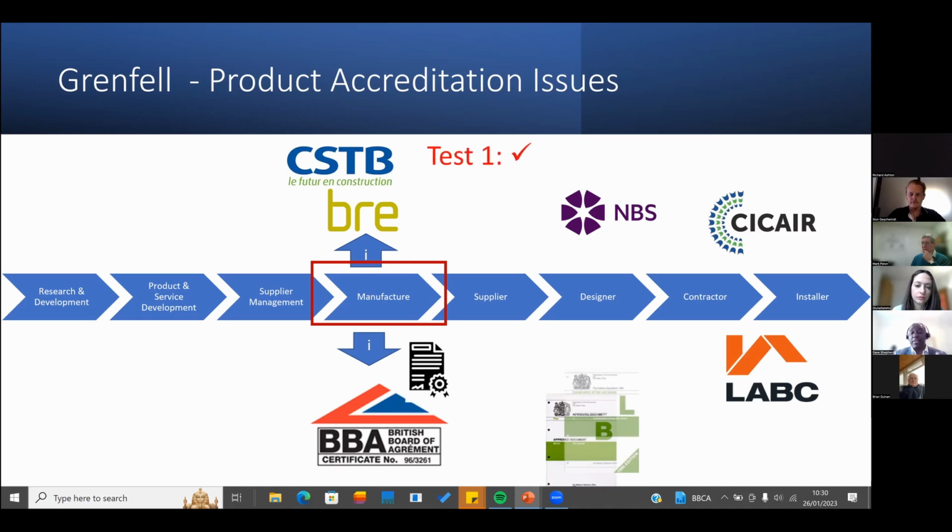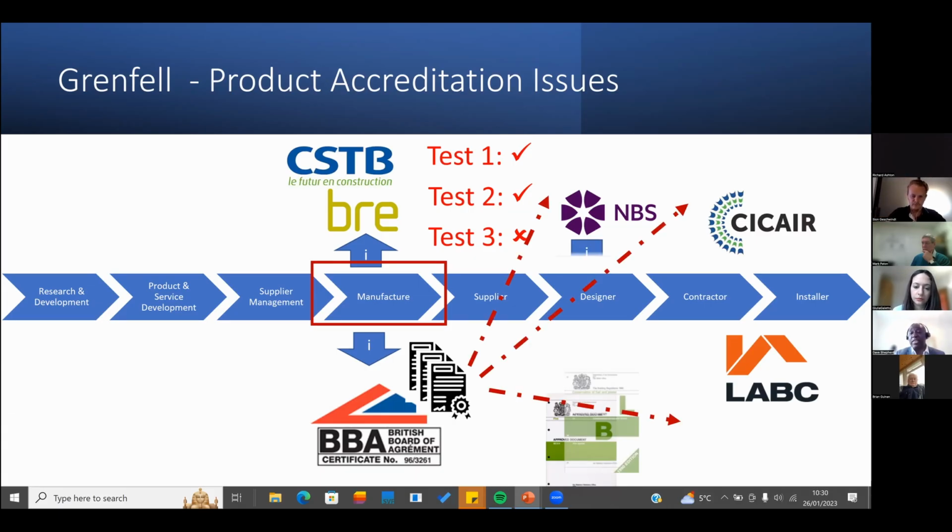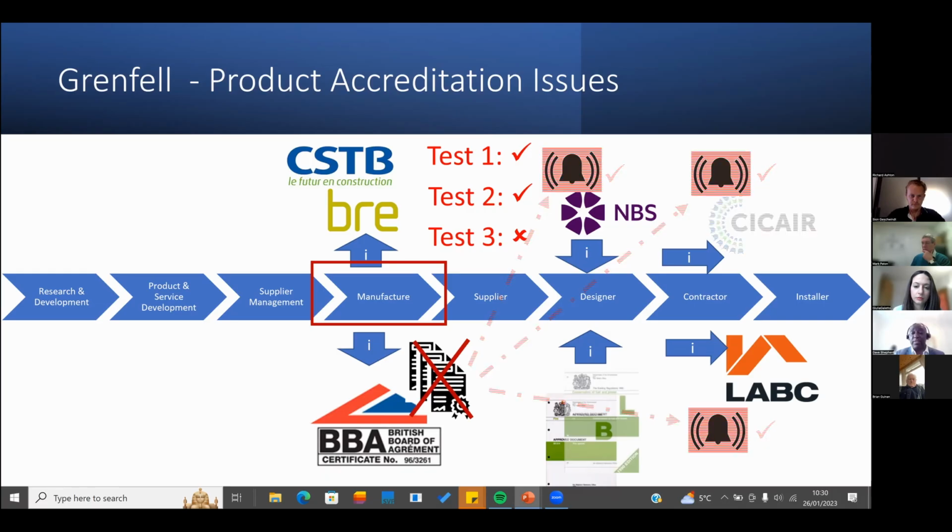But all it takes is that as those tests are going on and certificates are being issued, what happens in the case of an adverse test, as happened in 2005 with Reynobond? Well, of course, what's going to happen is that if the certificate continues, people rely on that information. And that's where the information management issue is really felt. And what you actually need is what you can see here right now, which is for there to be a withdrawal of any certification on the basis that a test has been failed.